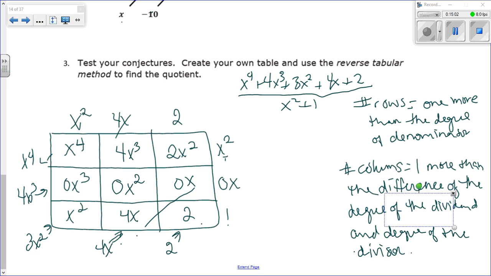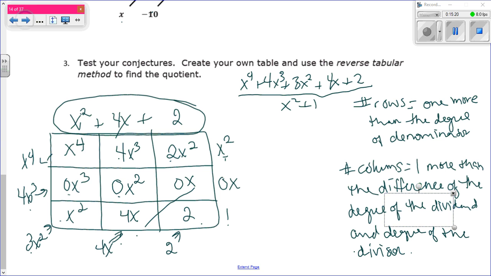So check your diagonals. 2x and 0 is 2, plus 1x is 3x squared. 4x plus 4x cubed plus 0x cubed is 4x cubed. So put a plus there because those are positive. And there is my answer. All right, next page.